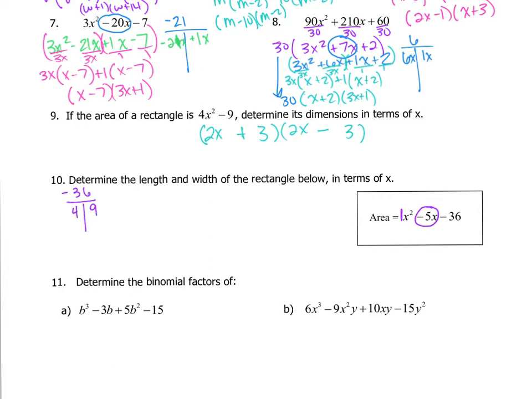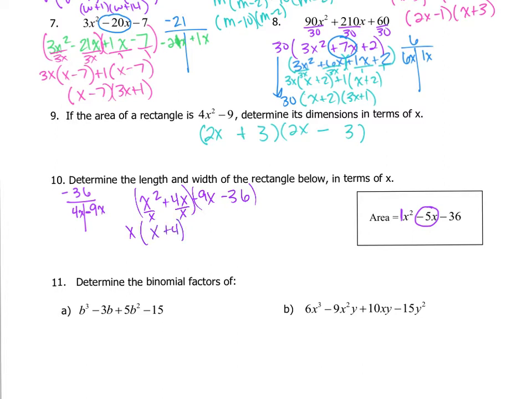I know one of those needs to be negative, so I'm going to make the 9 negative so that when I add them, I get the negative 5 that I need. I'm going to put an x with both of those. Then we're going to have x squared plus 4x minus 9x minus 36. And then group. Take an x out of the first parentheses.